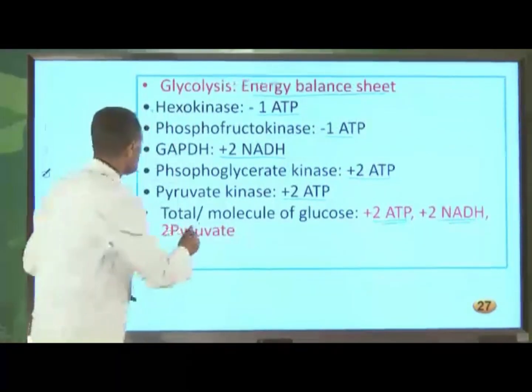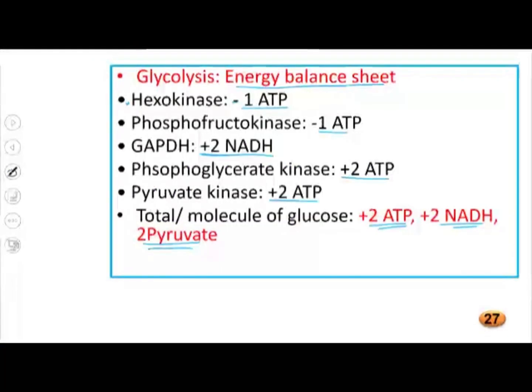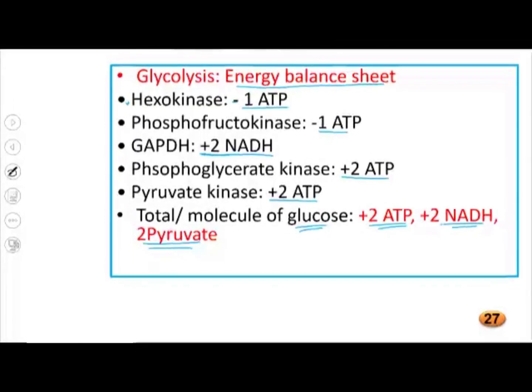And again, 2 molecules of pyruvate are formed at the end of glycolysis from 1 molecule of glucose. The 6 carbon compound glucose is converted into a 3 carbon compound, pyruvate.